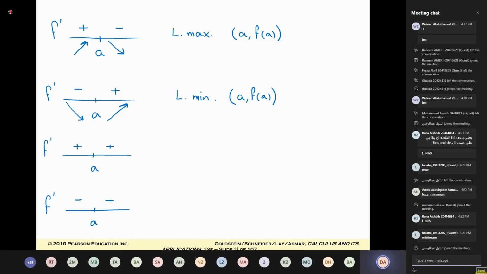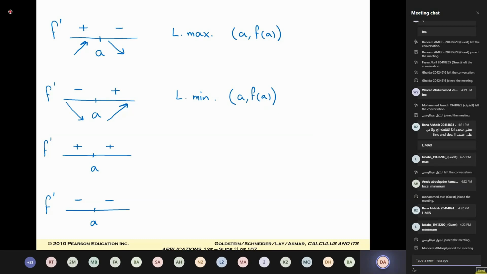But if we have increasing and then continue increasing, so this is no local extrema.